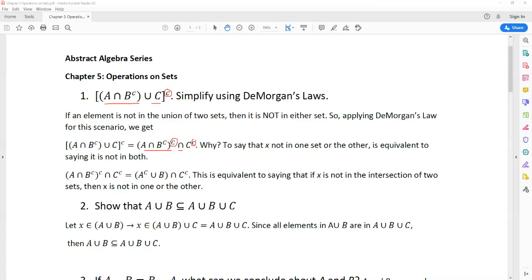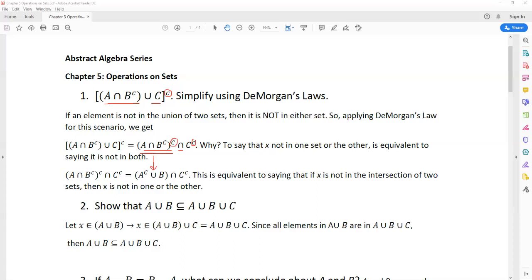Notice that the first portion here involves the complement of the intersection of two sets, and we can apply DeMorgan's law again for the complement of the intersection of two sets. If we apply DeMorgan's laws, we get A complement union B complement.